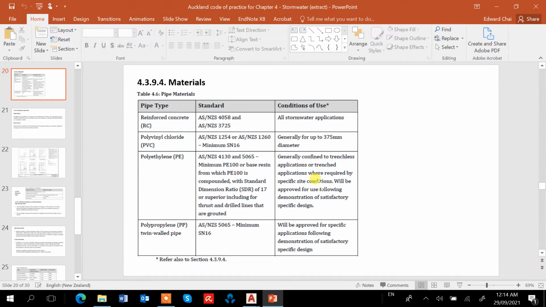The UPVC pipe is cheaper, so probably we just use the UPVC pipe for the smaller size. If you are more than 375, then we use the PE pipes. If we have to go bigger than 450 mm diameter, then we'll probably have to go for the concrete pipe, which can go quite big, 900 mm and 600 mm diameter.